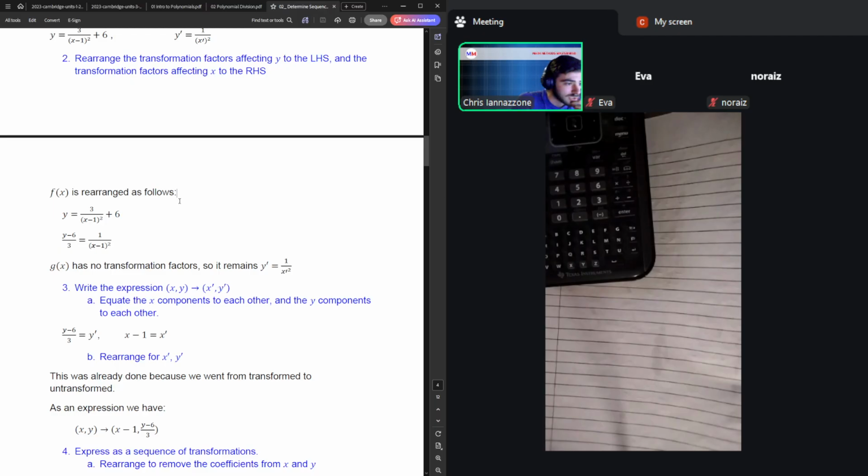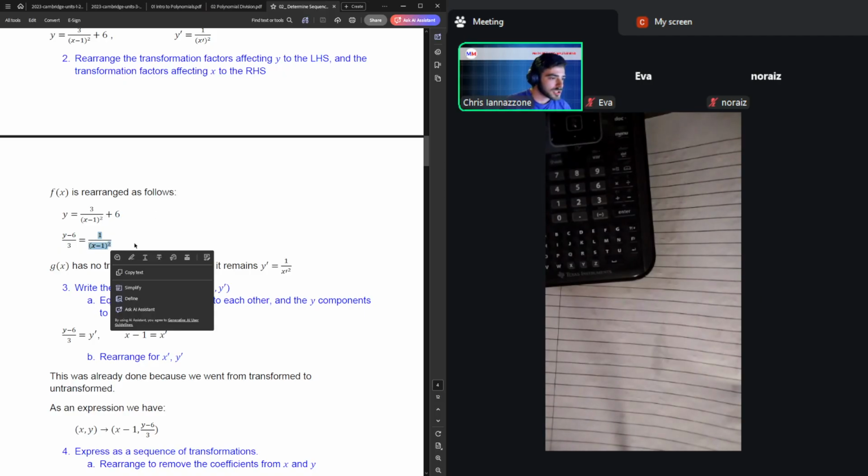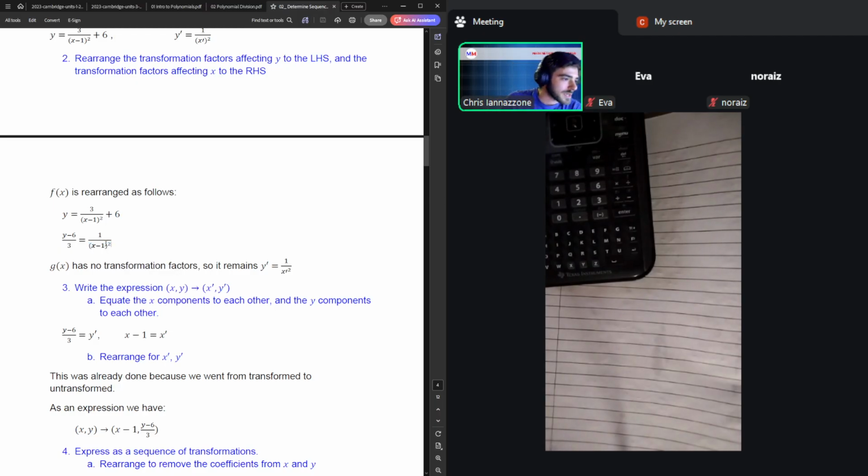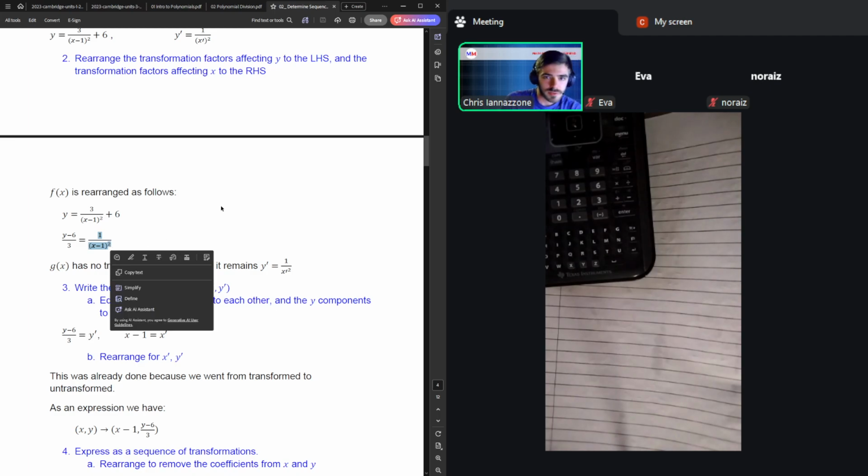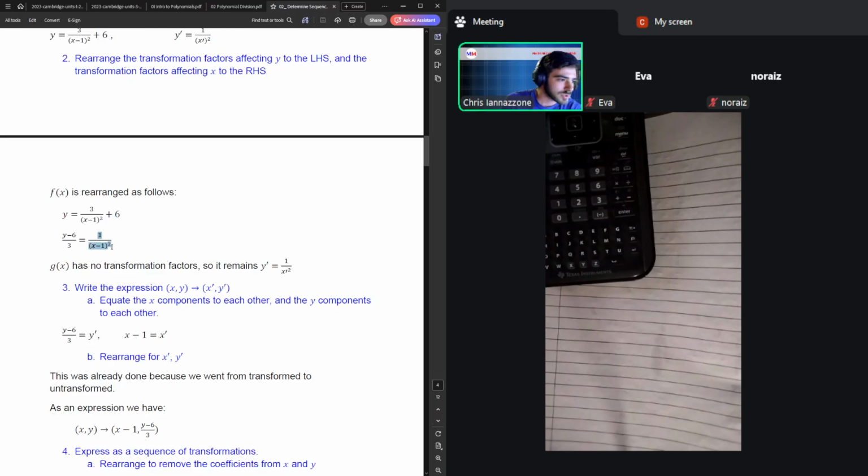If it's challenging to figure out what's a y transformation and what's an x transformation, well, first, do more practice because you will need to be able to spot these things quickly. But two, in a pinch, pretty much just shift everything over to the left-hand side that you can before you start breaking down the fundamental function. What I mean by that is, there's really nothing else you can do to this before it stops looking like a truncus. This still looks like a reasonable truncus.